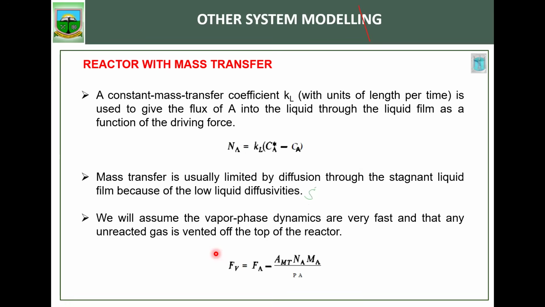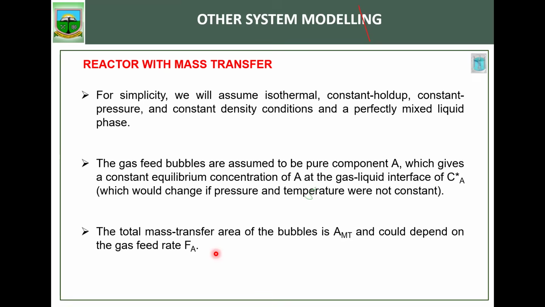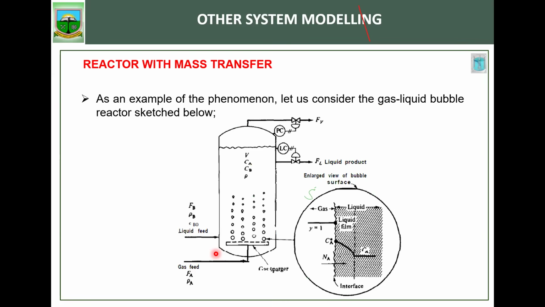So let's go ahead and define other things. And then also, we assume the vapor phase dynamics are very fast and that any unreacted gas is vented at the top of the reactor. That's this part. Here, any unreacted gas comes out from here.